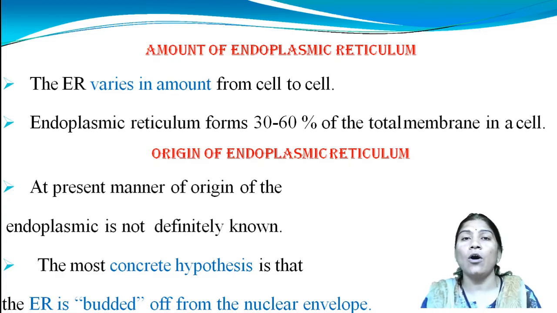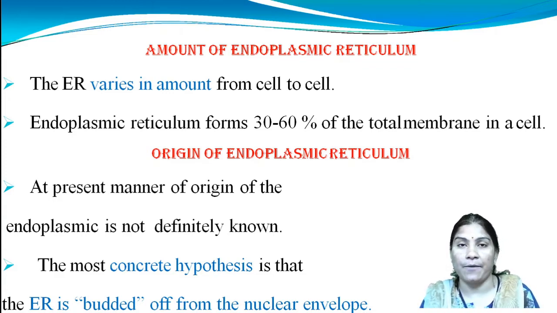Now, how is this endoplasmic reticulum originated? At present, the origin of endoplasmic reticulum is not clearly known, but the most concrete hypothesis about the origin of endoplasmic reticulum is that it is budded off from the nuclear envelope.